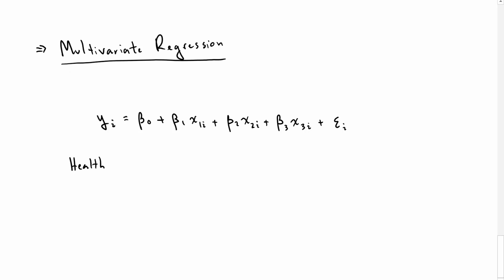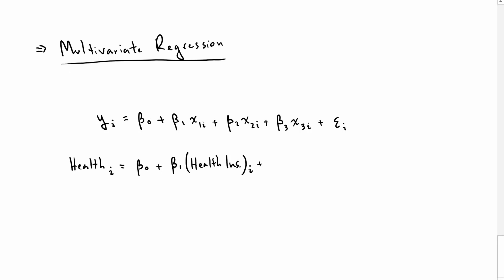And so what you can see is that now, if we're thinking about this as, for example, health of individual i, the first variable x1 that we're most interested in could be our health insurance variable. But then we want to control for every other thing that might be impacting our health. If health insurance is the effect we want to see, we need to include other variables.